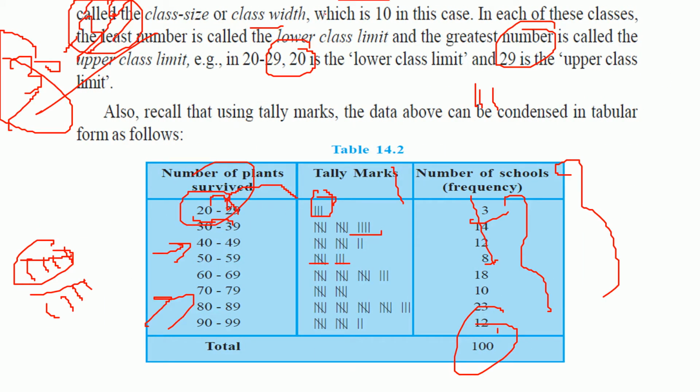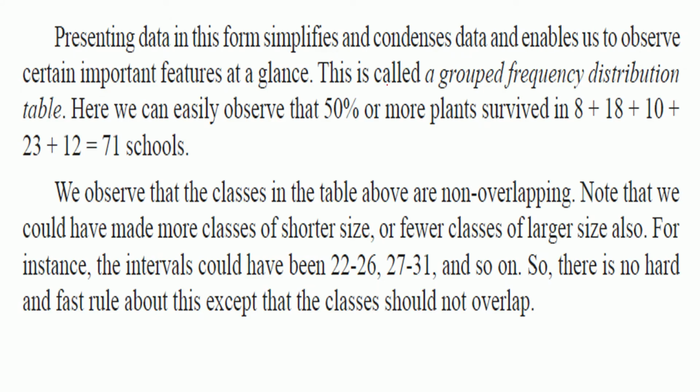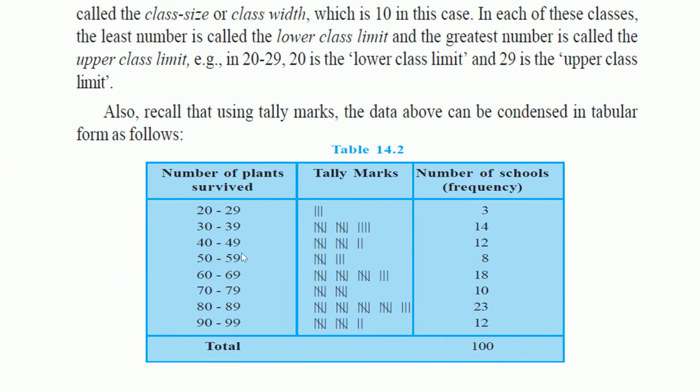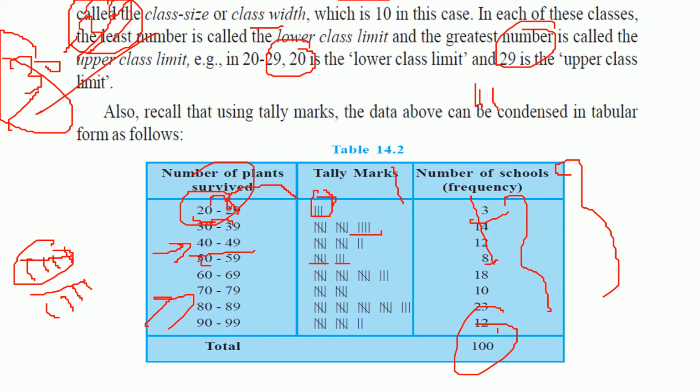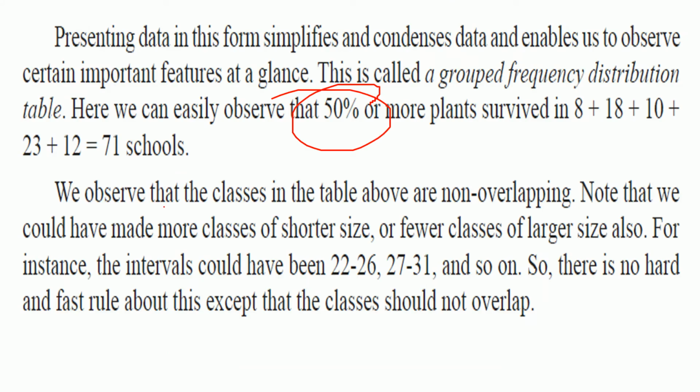So this is a group frequency distribution table, and now we can get the information that 50% or more plants survived in, so 50% and more. So 8 plus 18 plus 10 plus 23 plus 12 gives you 71 schools. In 71 schools, 50% or more plants survived.